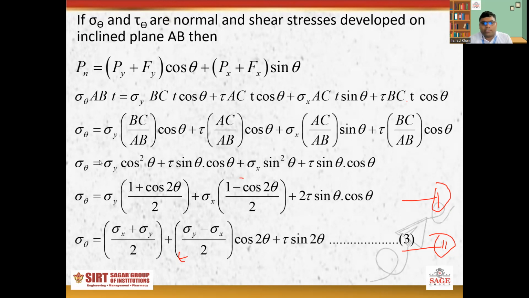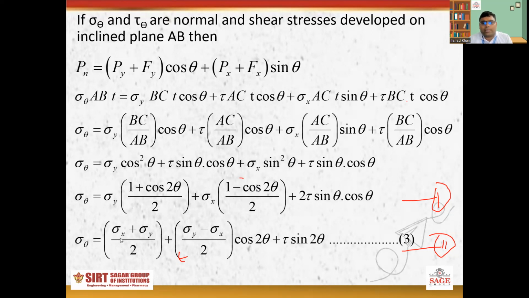So just put the values: you can write cos square theta as 1 plus cos 2 theta by 2, and sin square as sigma x into 1 minus cos 2 theta by 2, and just add these two terms and 2 tau sin theta cos theta, and just open the bracket and rewrite.